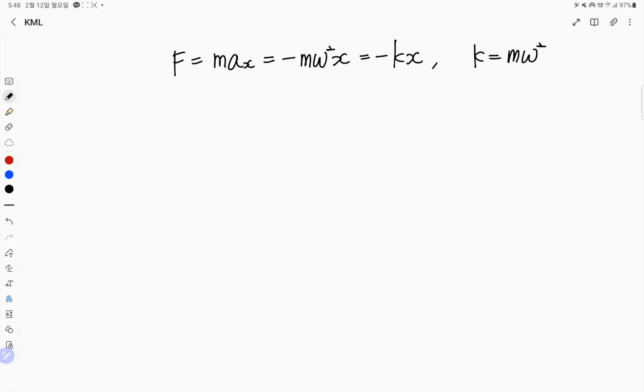And let's think of the motion of a pendulum. The gravitational force will be applied to the pendulum, and we can divide this gravitational force into two parts.